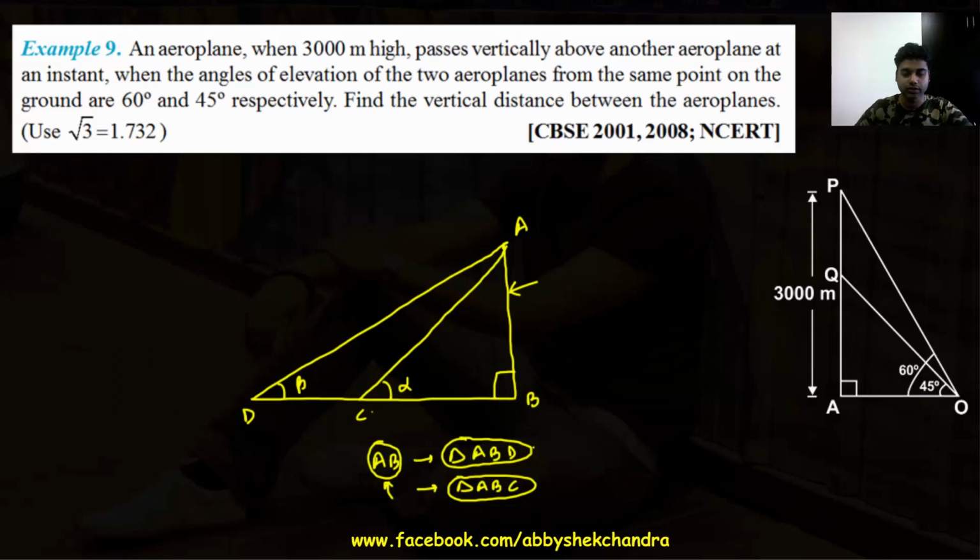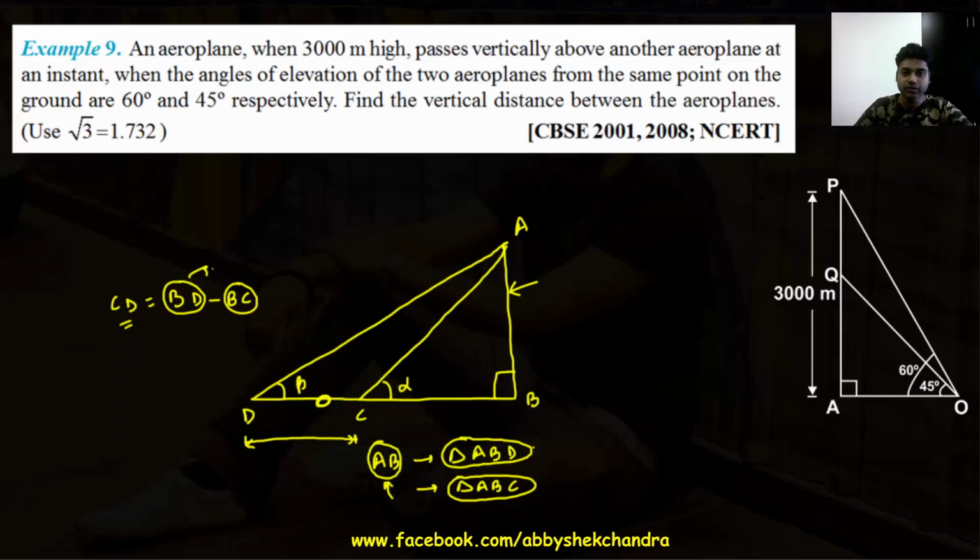That's the first method. Another method is you calculate this distance CD as BD minus BC. Now why did I do this? CD, you notice, is not a side of any right angle triangle, right? So what we do is we calculate it as the difference of two sides which are parts of one or the other right angle triangle.